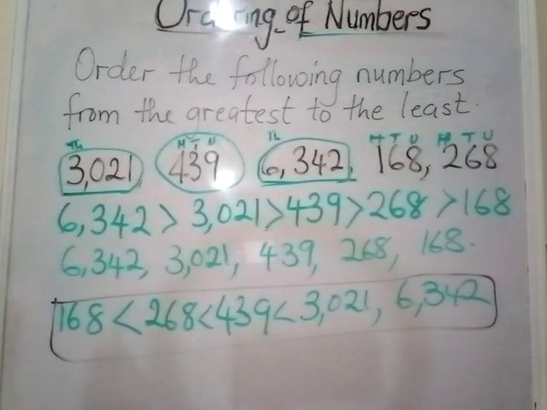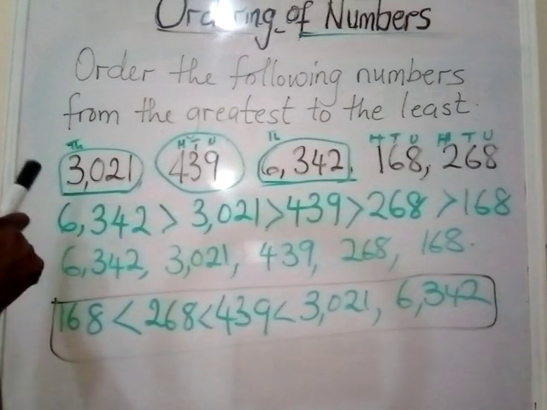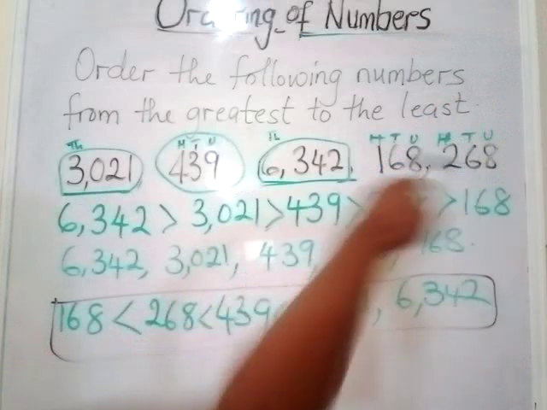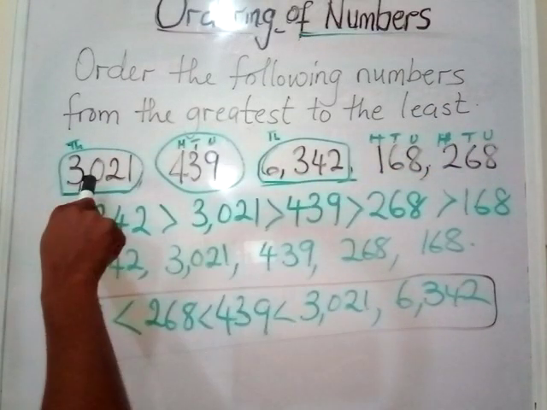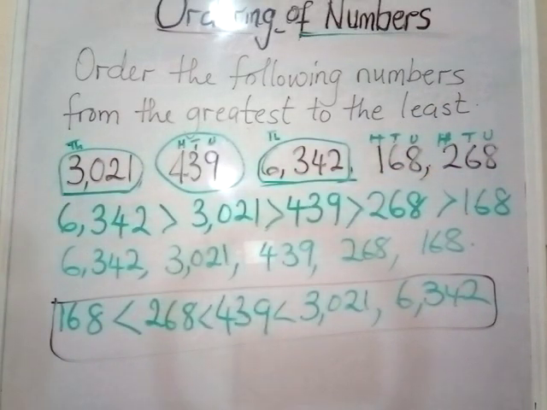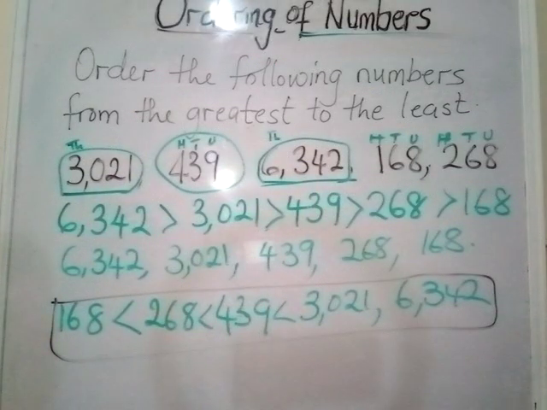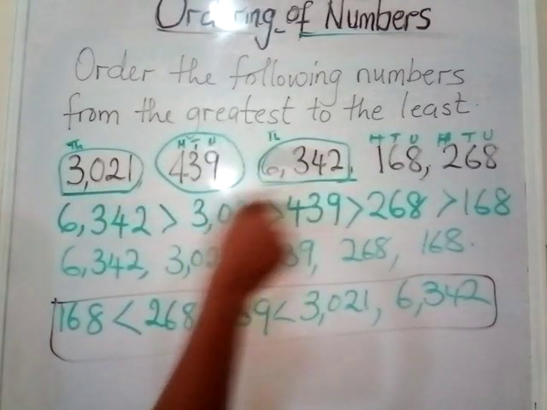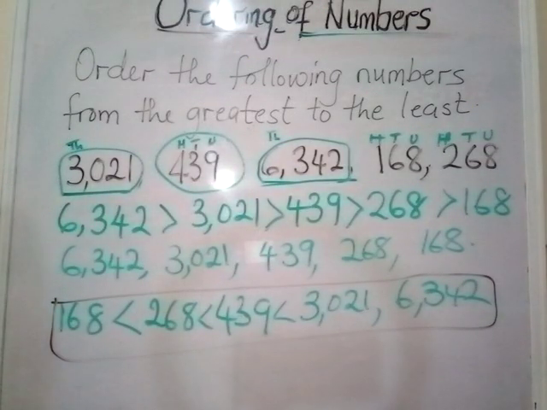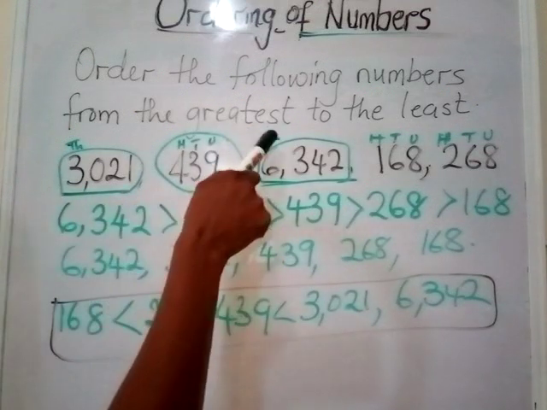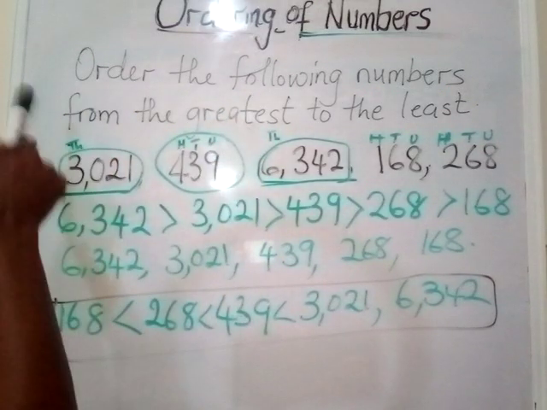So if you follow that rule, you find out that in these numbers listed out, 2 of them have 4 digits, while the remaining 3 have 3 digits. So we said the first 2 that have 4 digits are to be considered for the largest number. We highlighted them. And then you go to the position of the highest value.